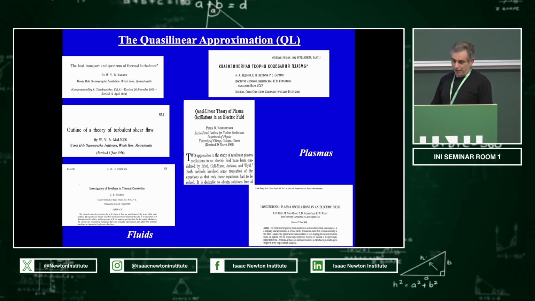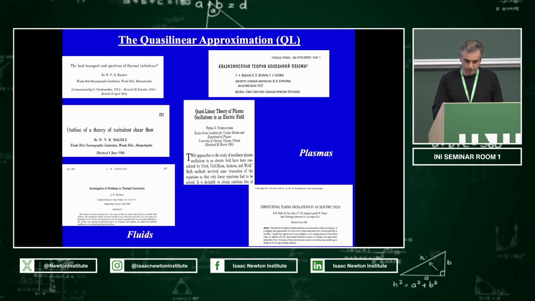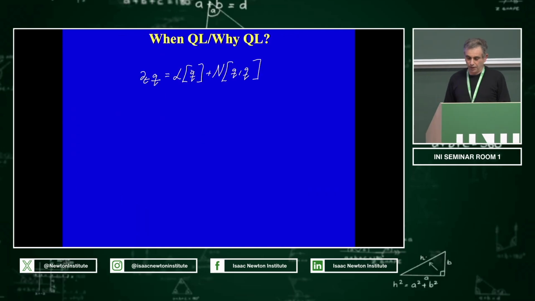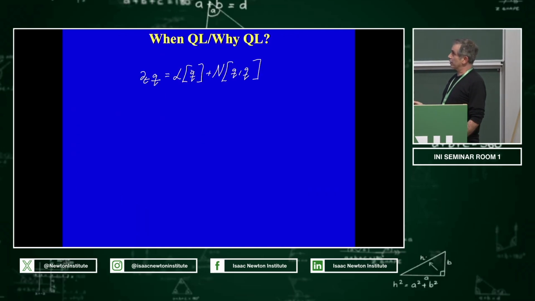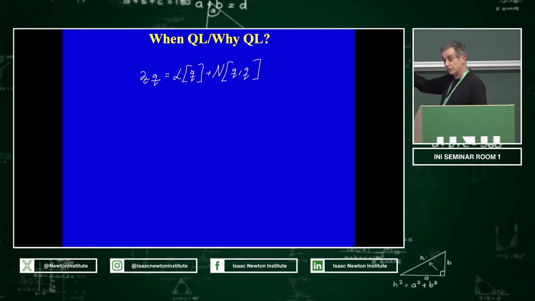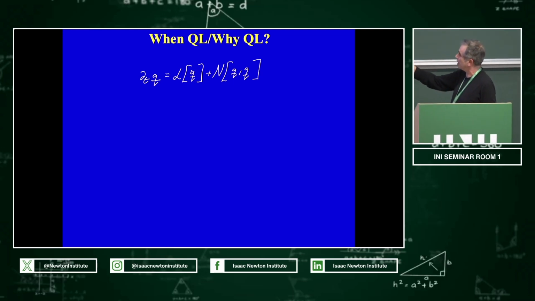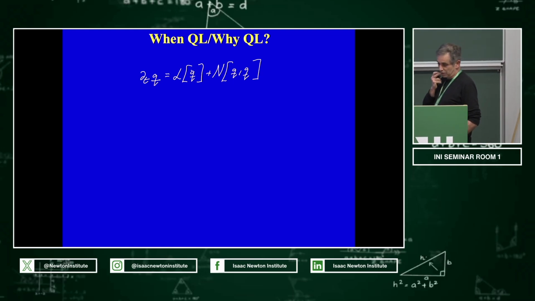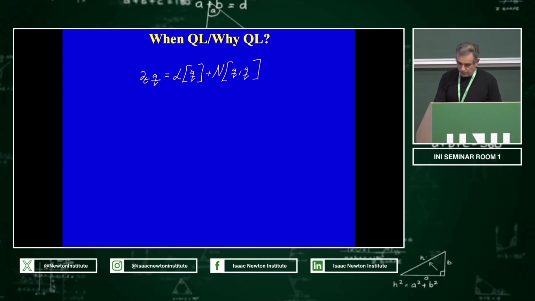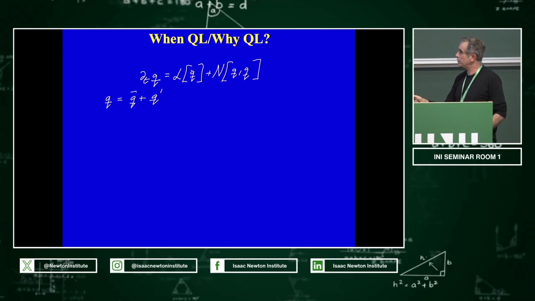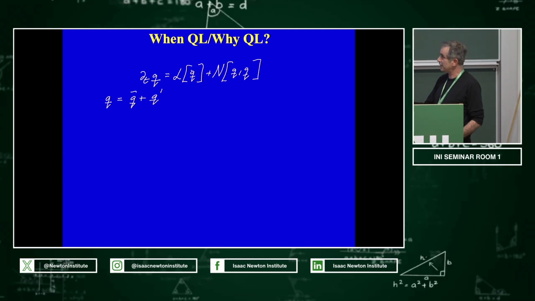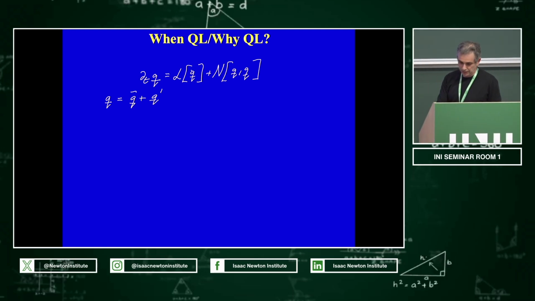So what do I mean by quasilinear approximations and when can you use them? Okay, so let's have a look. We have our state variable, Q, and imagine it has a linear part and a nonlinear part. We may have stochastic driving or some other term here, but I'm really just going to look at these operators. And this is all fairly easy to understand. You take your Q, and you split it up into some kind of mean and a fluctuation.